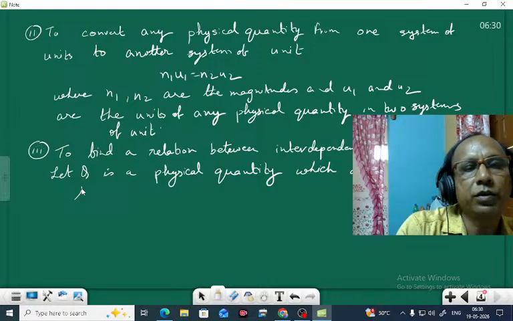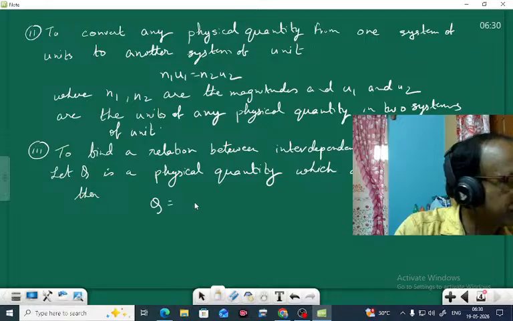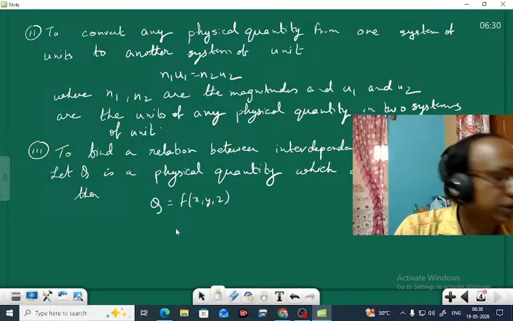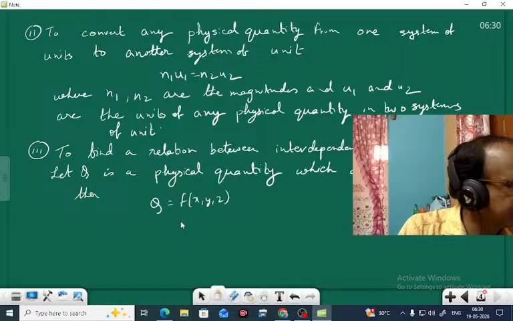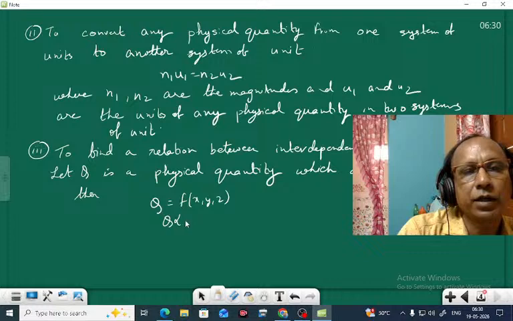Then Q will be equal to a function of x, y and z. So here we can write that Q is directly proportional to x, Q is directly proportional to y, Q is directly proportional to z.